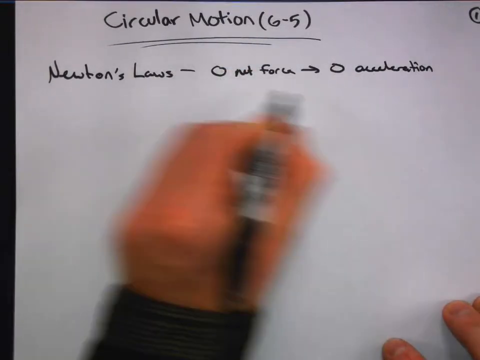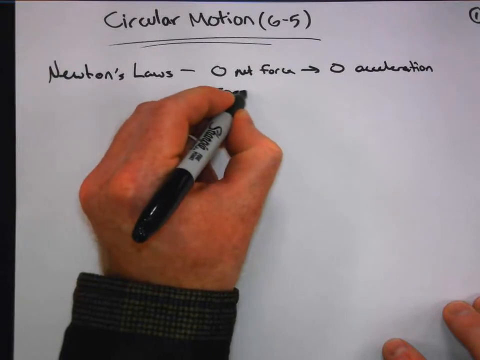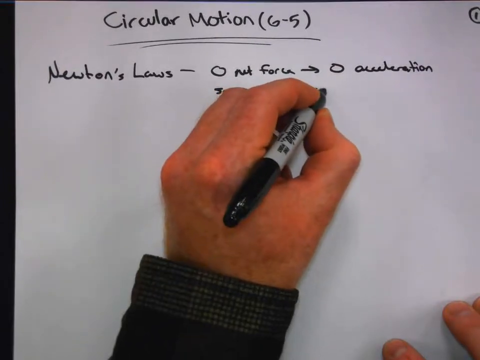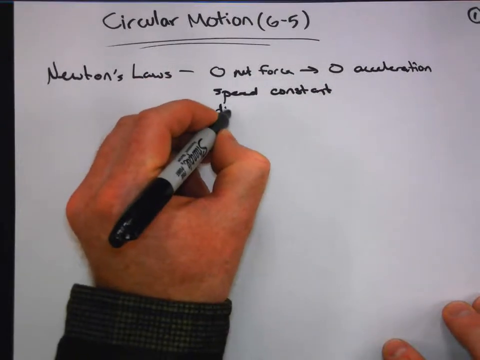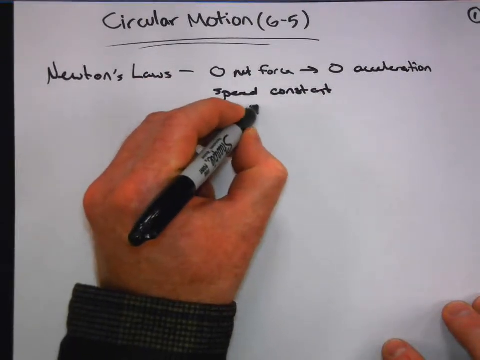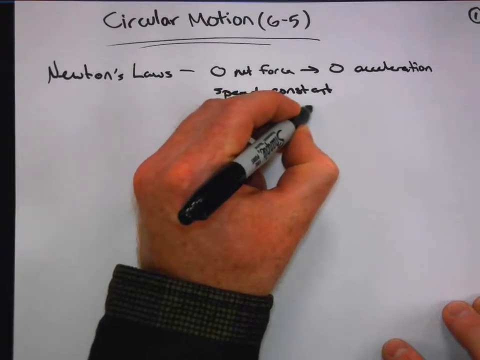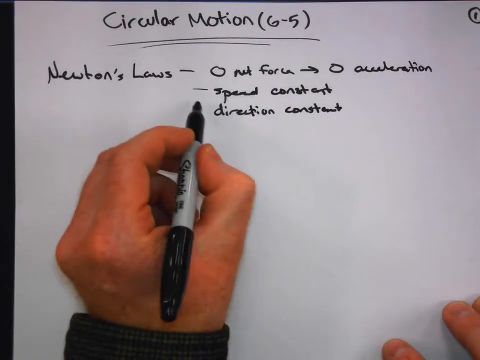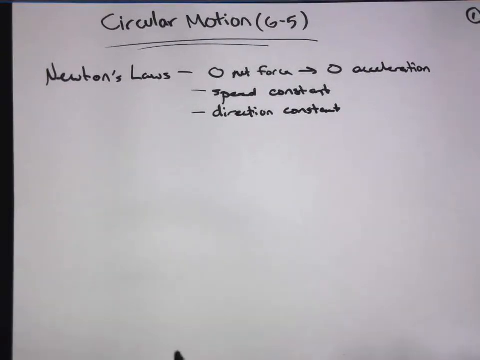And so this is going to be telling us, well, not only will speed be constant, direction must also be constant. Both of these must be realized.